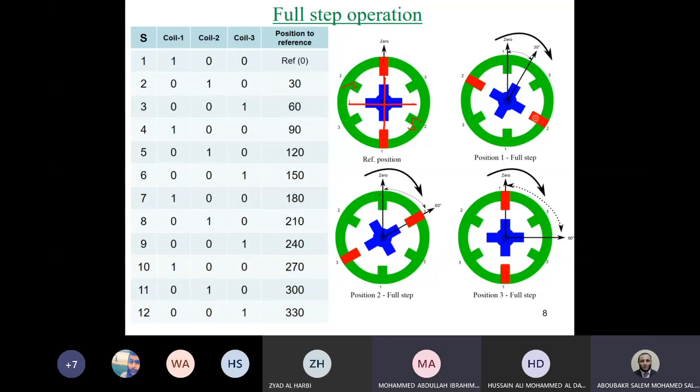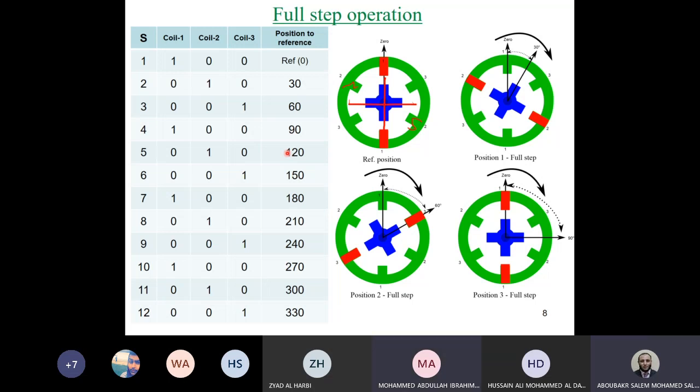And this is the idea of the stepper machine. Okay, Shabab? Is it clear? Yes. So the motor can move only when we change the sequence of pulses. And if you apply a certain pulse for a long time, the motor will stop at this position.